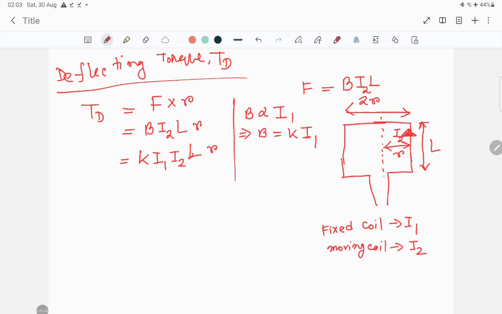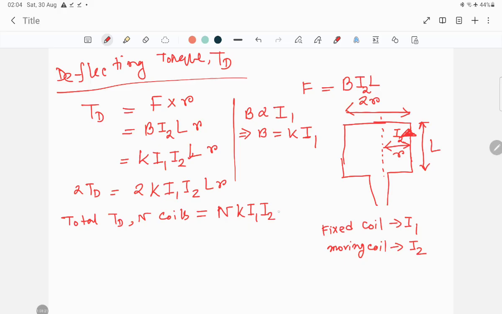Now if we go for the total conductor, the total deflection will be 2 times, so 2K I1 I2 LR. So the total deflecting torque, total TD for n coils or n turns of coils, will simply be n K I1 I2 L into 2R.